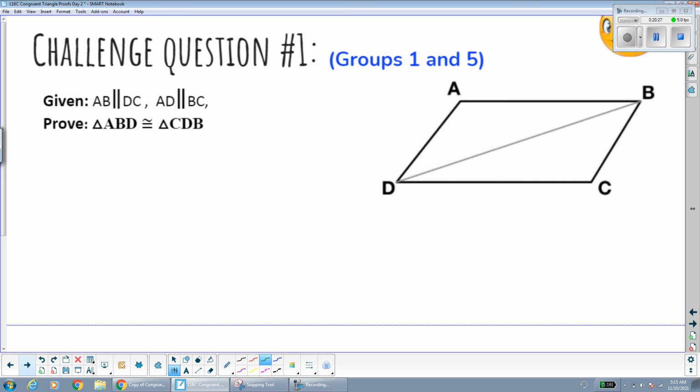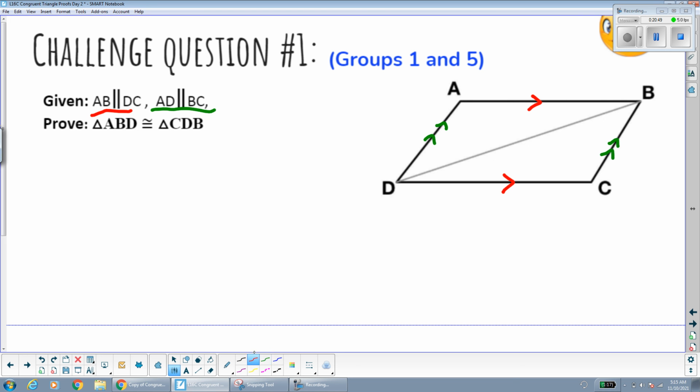I want to briefly talk about the two challenge questions. So each group had different challenge questions. So if you had this challenge question and you got up to it, your information was that AB is parallel to DC and that AD is parallel to BC.